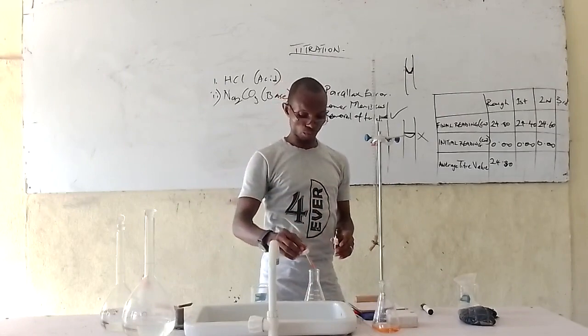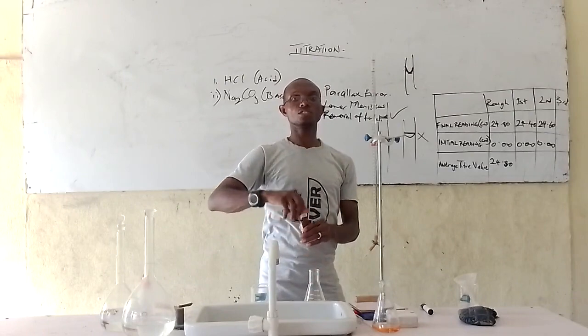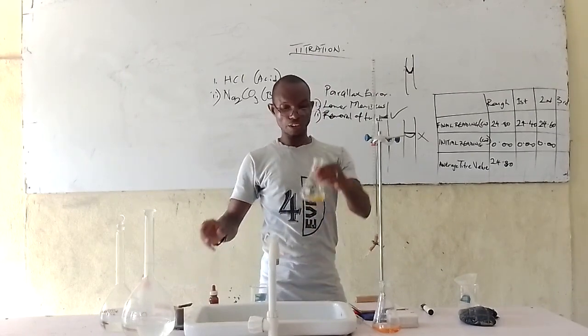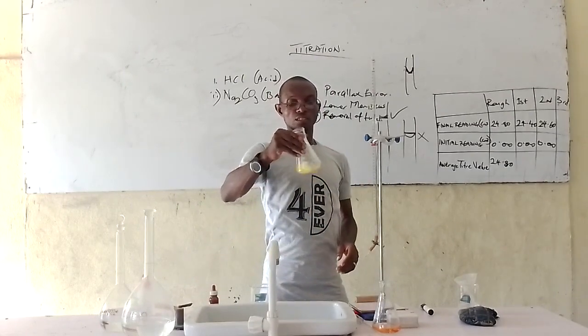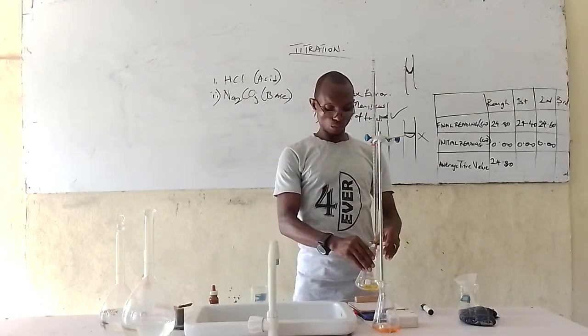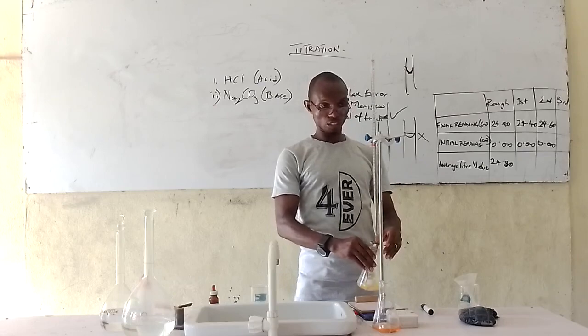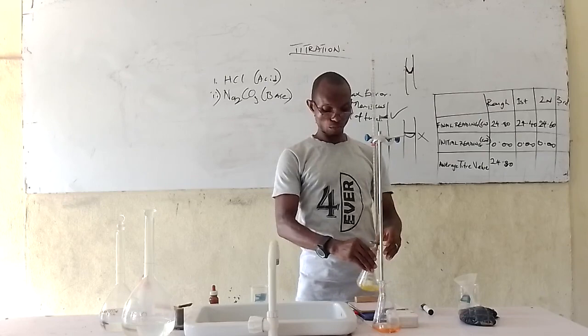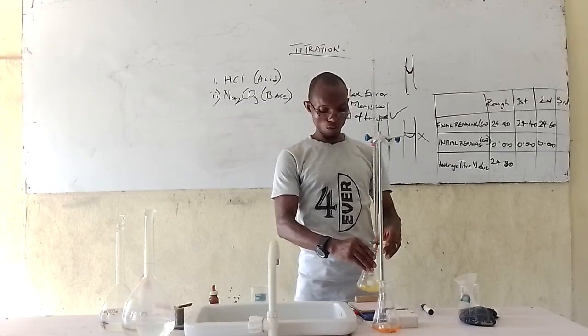I'm adding 2 drops of the methyl orange. I shake very well, and then I can start my titration. So I'm running my content into it now. I'm going to somewhere that gives me a color change. The earliest color change is what I am looking for.